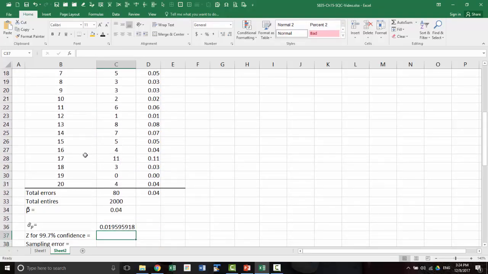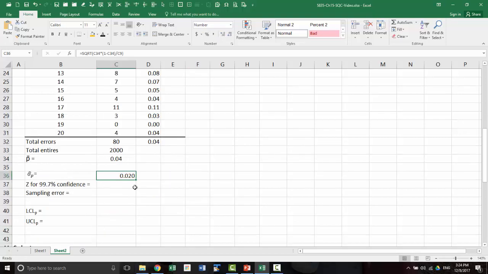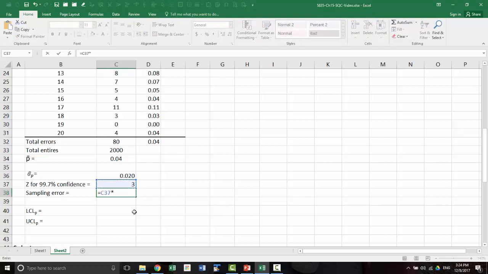That gives us the sigma value, and for 99.7%, Z is 3, so 3 times sigma sub P gives you the sampling error or margin of error.